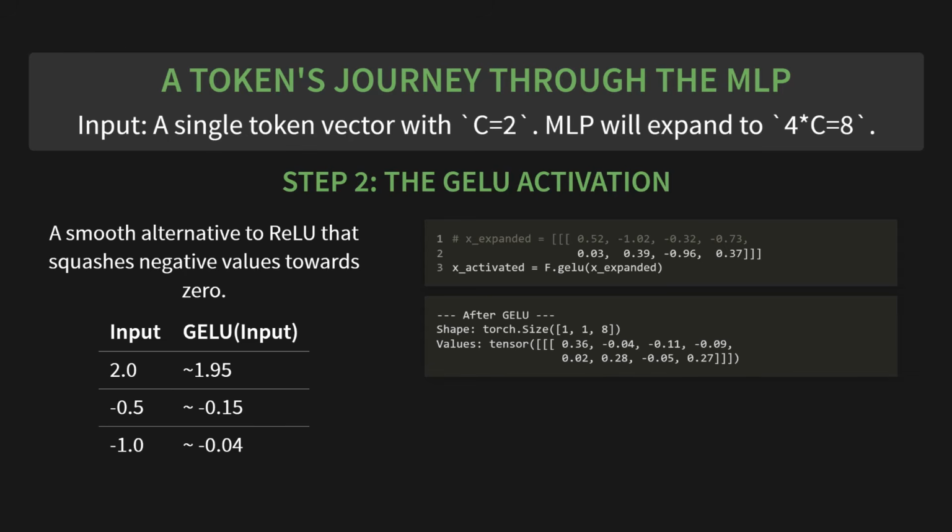So let's apply it. x_activated equals F.gelu of x_expanded. After GELU, the shape is still 1, 1, 8, but look at the values. The positive numbers are mostly the same, but the negative ones, like -1.02, have been squashed down to -0.04. This is that critical nonlinear step.